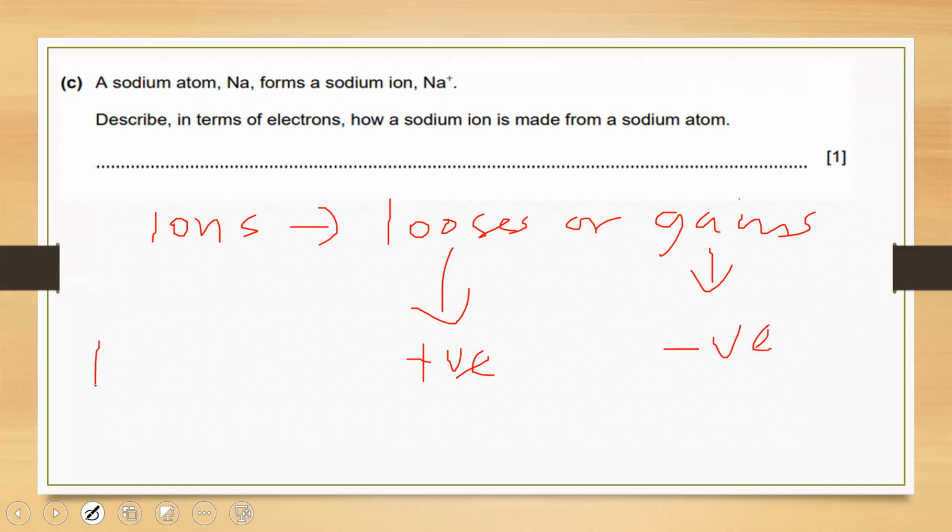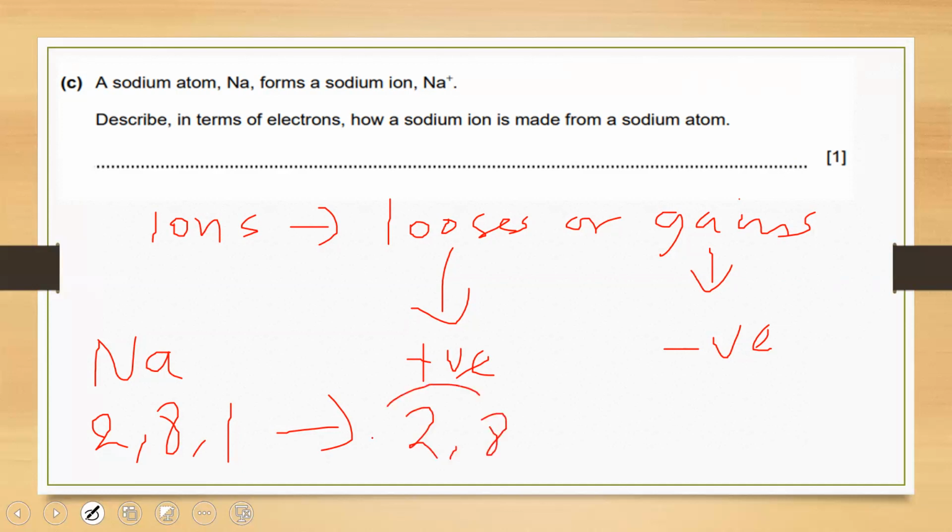So sodium has an electron arrangement of 2, 8, 1. If the sodium loses an electron, it becomes 2, 8 because it has lost an electron. Then it's going to have Na plus to indicate that it has lost 1 electron.